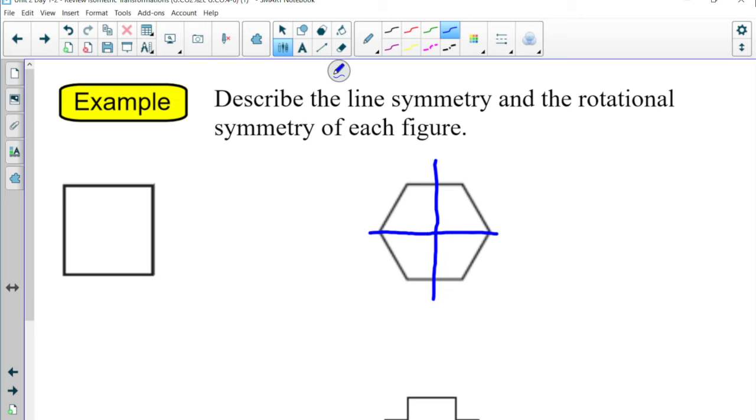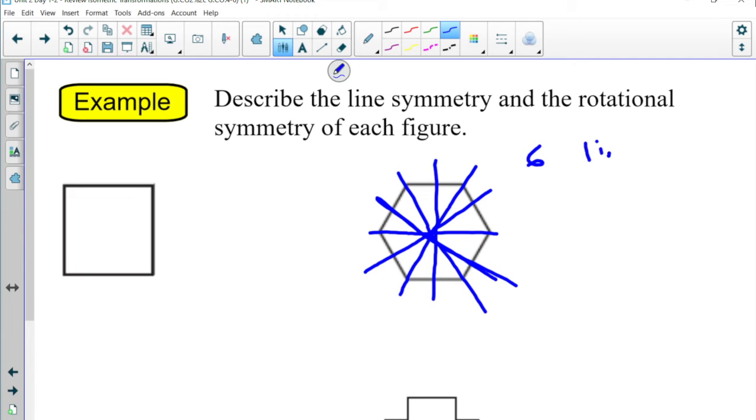We've got one right here. That's 2. And then there's more. Here's 3. Here's 4. Here is 5. And here is 6. If I fold over any of those lines that I just drew, then it will overlap perfectly with what it originally looked like. So we have 6 lines of symmetry.